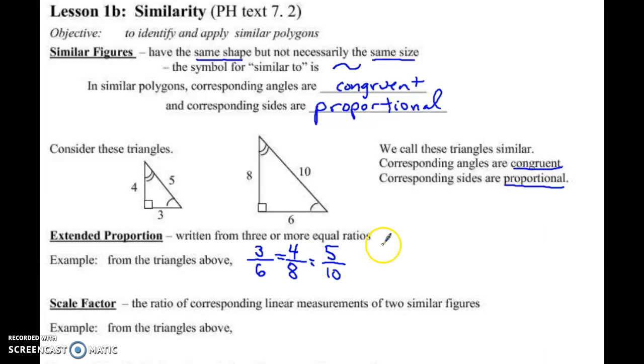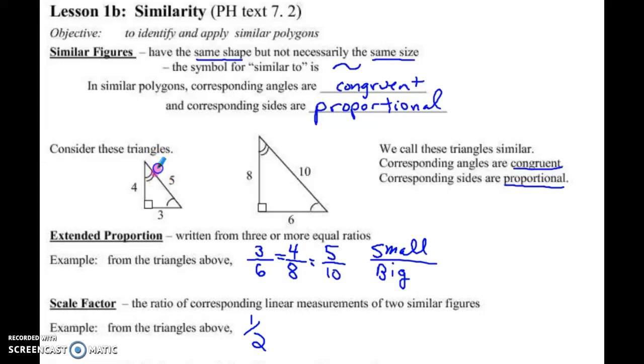What I did was I put the small triangle on top from largest to smallest, and then the big triangle on the bottom in the denominator. And if you notice, the ratio of these corresponding sides, every one of these sides reduces to 1 to 2.